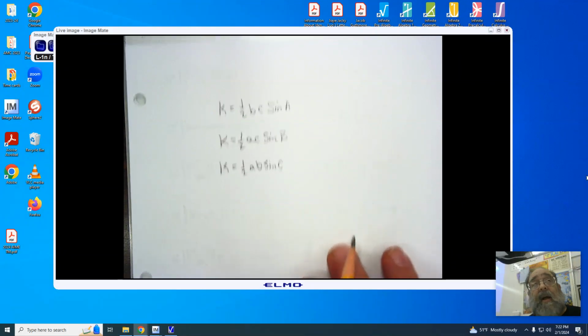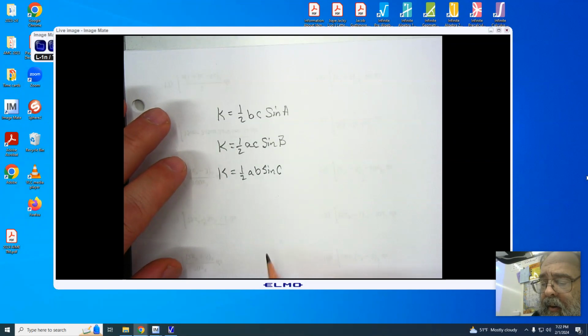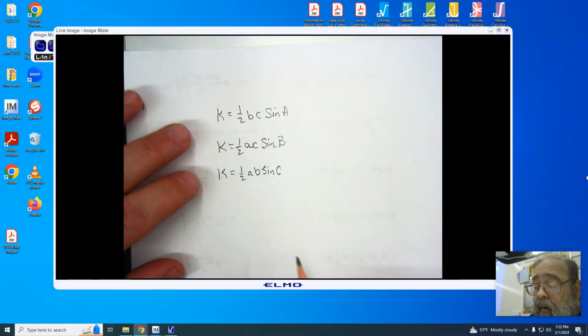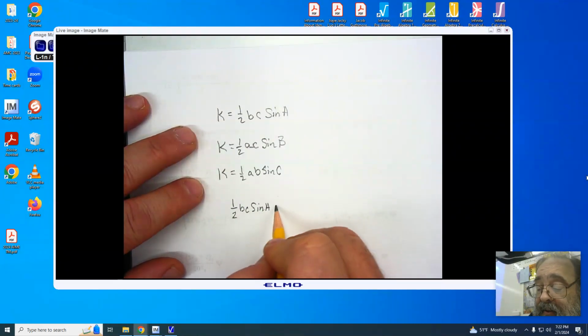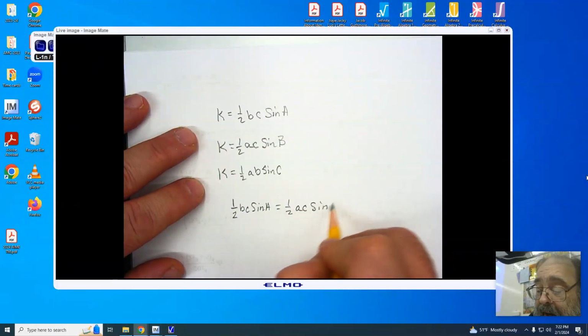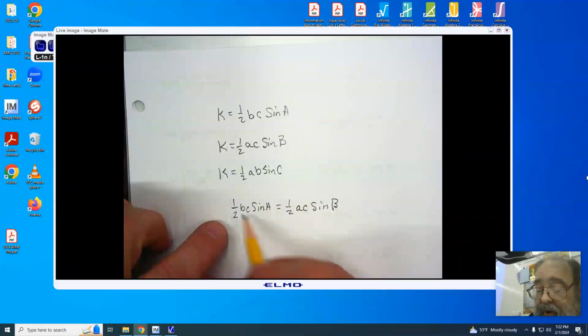Alrighty, let's take a look at our area formulas, and we're going to take a look at this a little bit more. Since we were talking about three triangles, all of which were supposed to be congruent, we could say that 1/2 BC sine of A has to equal 1/2 AC sine of B. Notice they both share C, and they both share a half.